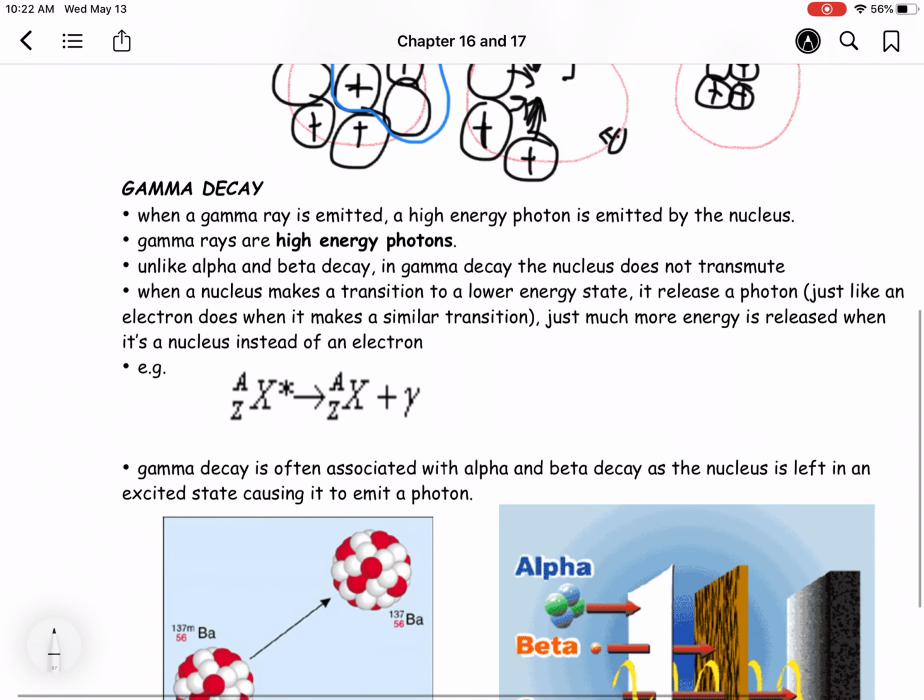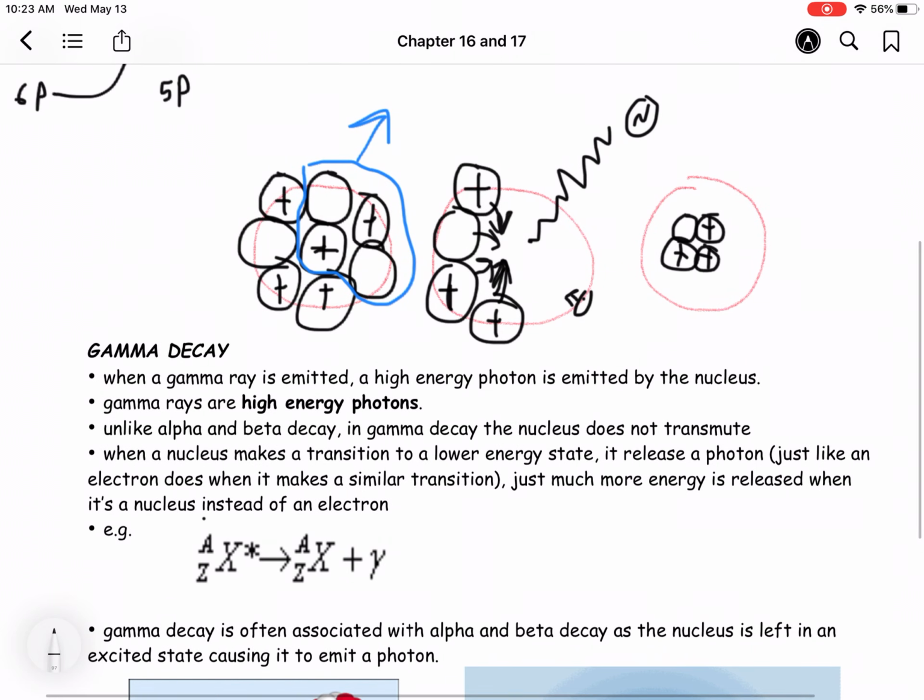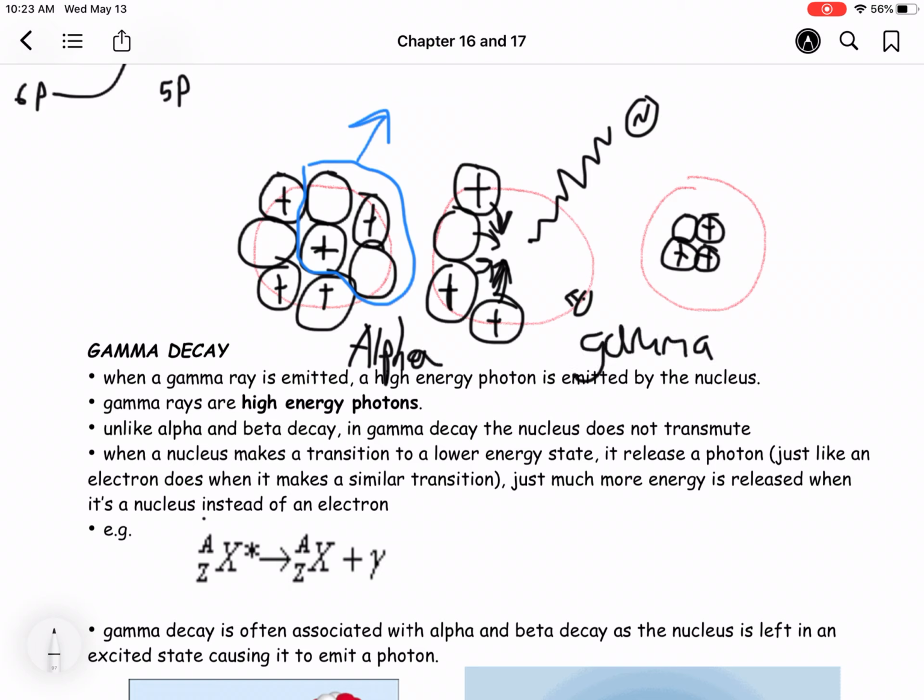Okay, and so this was alpha decay, this step. Okay, and this is gamma decay. Right, so from 1 to 2 is alpha decay, from 2 to 3 is gamma. So when we have gamma decay, we notice that we have 4 nuclei here, and I still have 4 nuclei. And I have 3 protons and 3 protons.